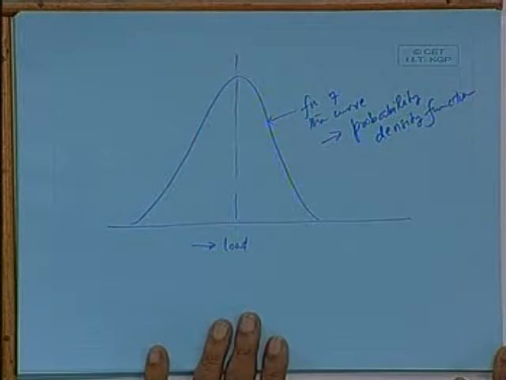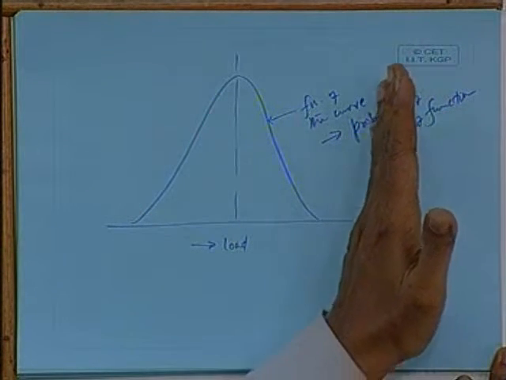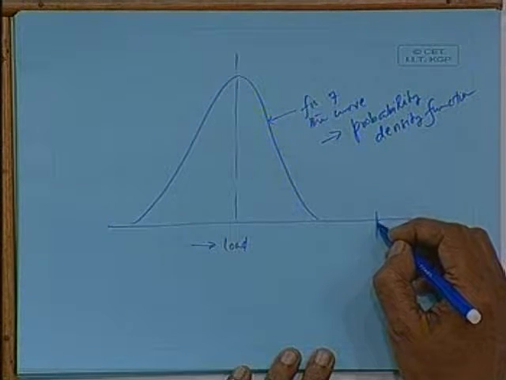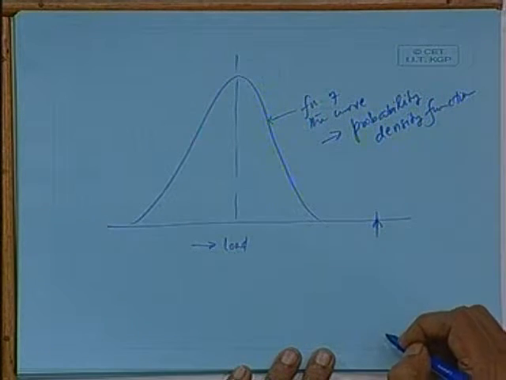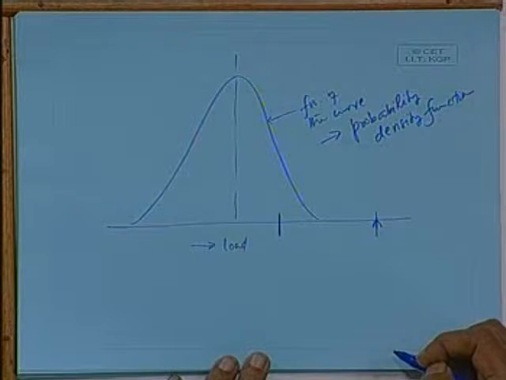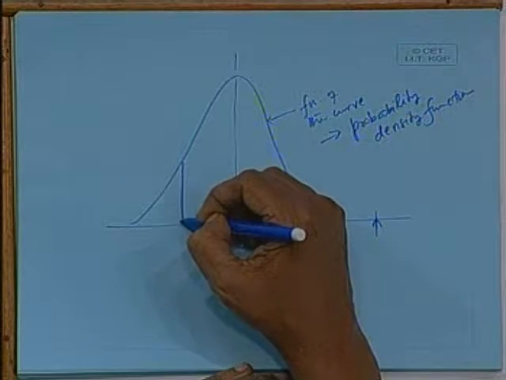This has some very interesting properties. The area under it is 1. That means, if I want to know the probability that the load will be less than this value, let us say it is 1, that means it will always be less than this value, because I have taken beyond the maximum value. But suppose I ask what is the probability that the load will be less than this value? What does an ordinate here represent?